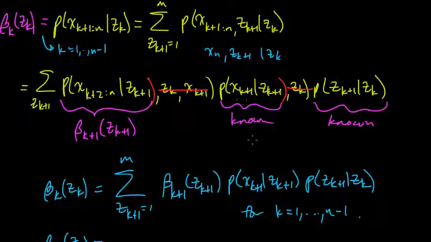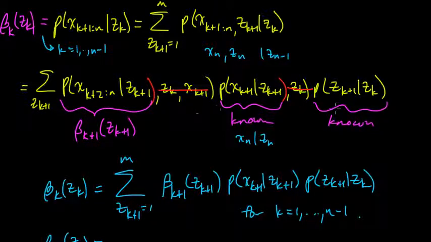And so here we end up with p of xn given zn. Sorry, that should be an n. Or no, k is n minus 1, so that's n minus 1. Sorry, I'm botching this. That was n.